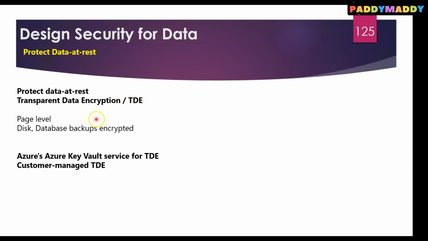And if you look at TDE, the transparent data encryption and decryption of data at rest happens at the page level. Meaning the data is encrypted when the data is written to the page on the disk, and decrypted when the data page is read into memory.